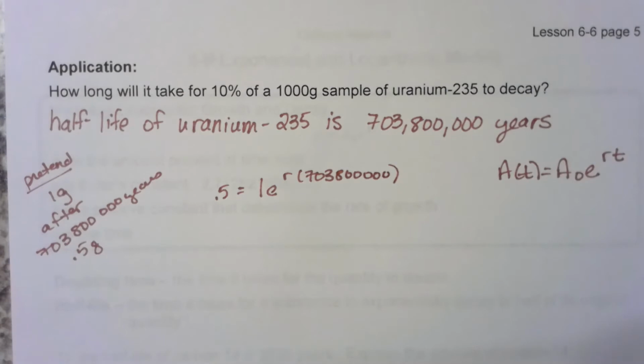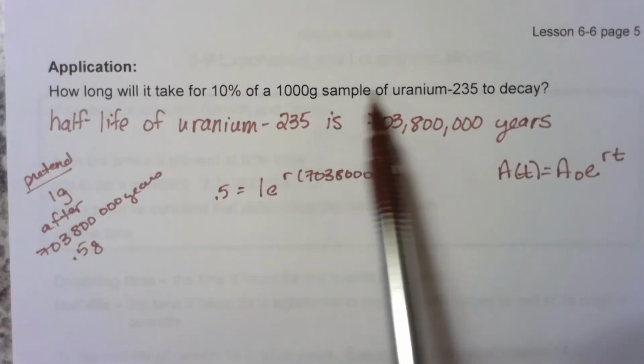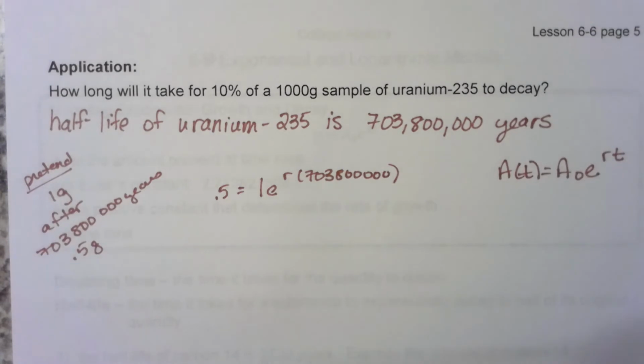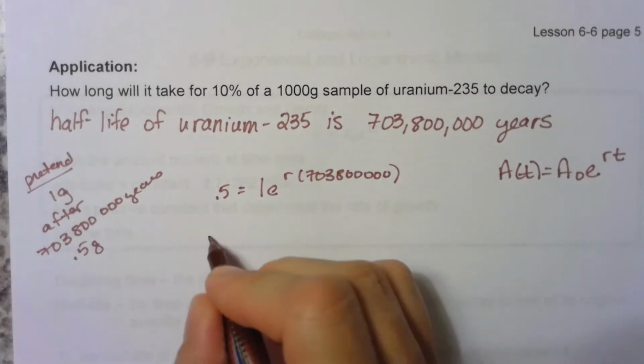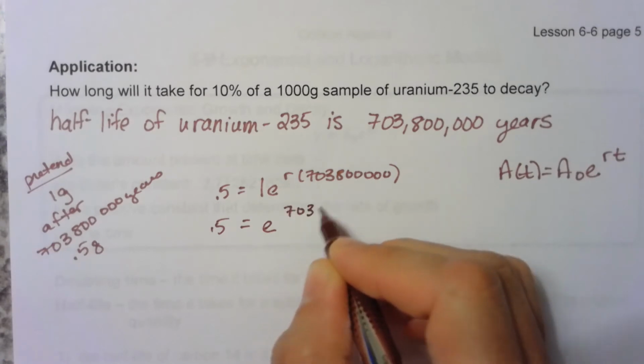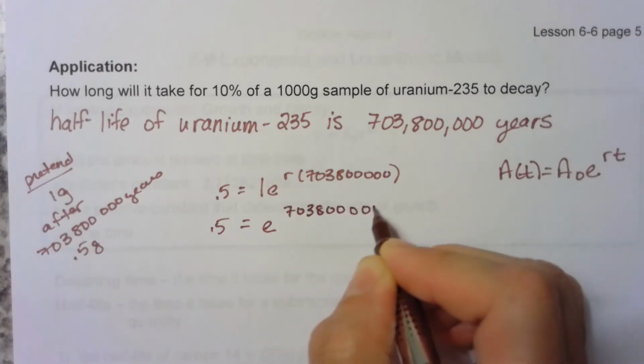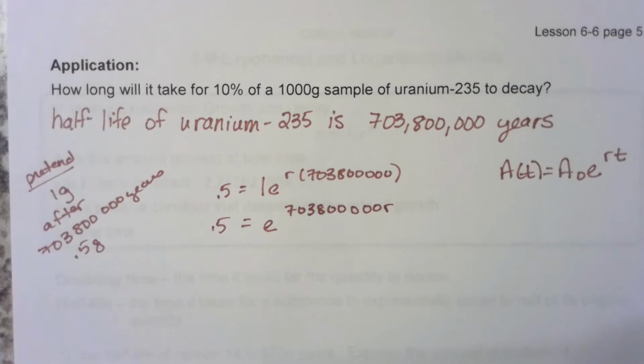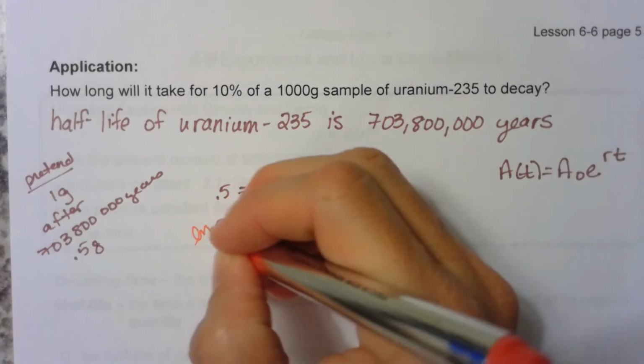Okay, now we need to solve this for r, because before we can answer this question, we have to know what r is. So we have 0.5 equals e to this number times r. To solve this equation, we need to take the natural log of both sides.